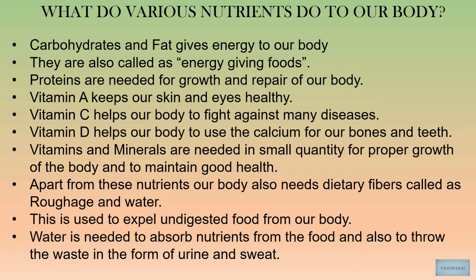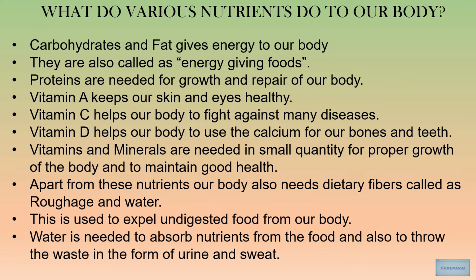Vitamin C helps us against many diseases. Vitamin D helps to absorb the calcium in the food that we take in so that our bones and teeth are healthy. Vitamins and minerals are required in very small quantities, but they are used for proper growth of the body and to have good health.